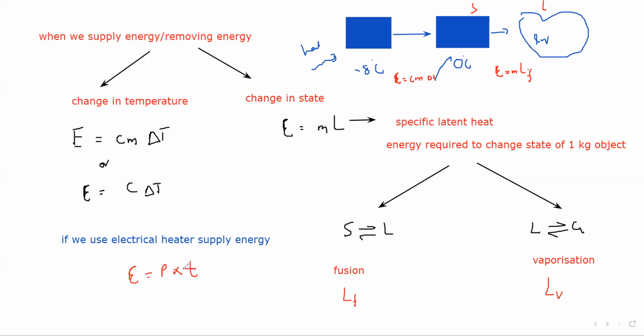But time should be in seconds. So these are the formulas related to heat, whenever there is a change in state or change in temperature for the different states of matter.